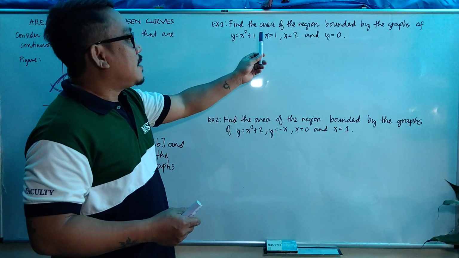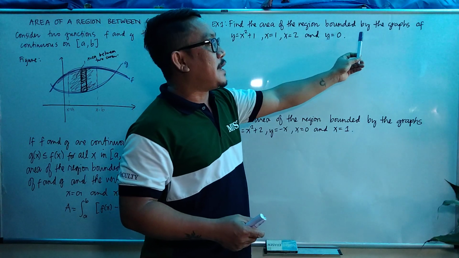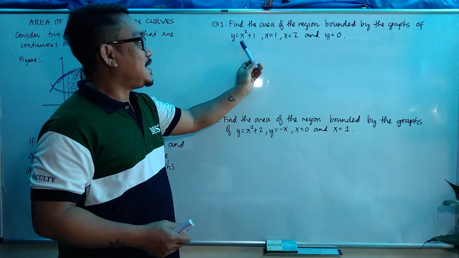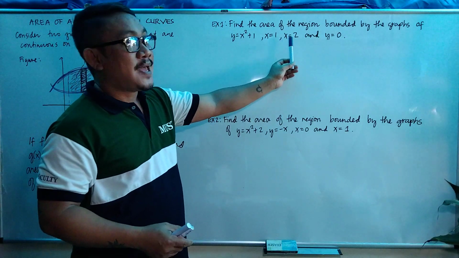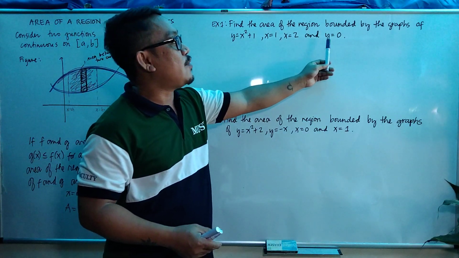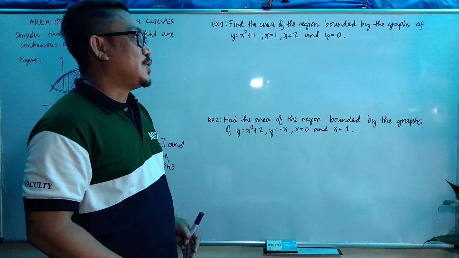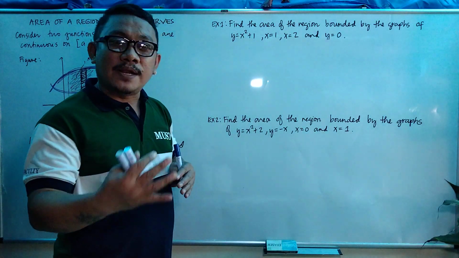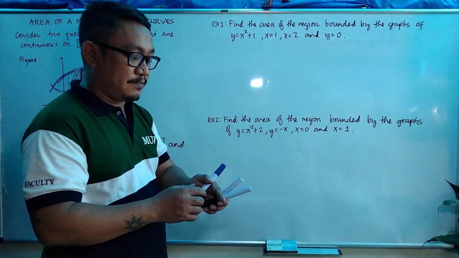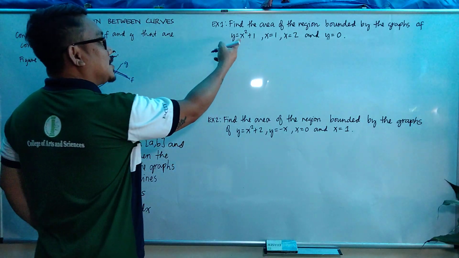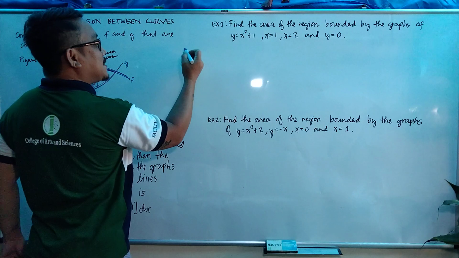So, let's apply that to our first example. Find the area of the region bounded by the graphs of y is equal to x squared plus 1, x is equal to 1, x is equal to 2, and y is equal to 0. So, as I have said a while ago, na dapat ato sa yung i-sketch ang graph para ma-determine nato. Okay, so determine nato yung possible values there.